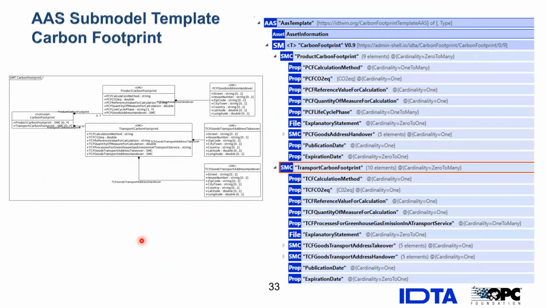Now the product carbon footprint submodel template, which will be shown later on, consists of 9 elements. But for the POC, the really important thing for us was this PCF CO2 equivalent. And we will have a closer look at it later on.